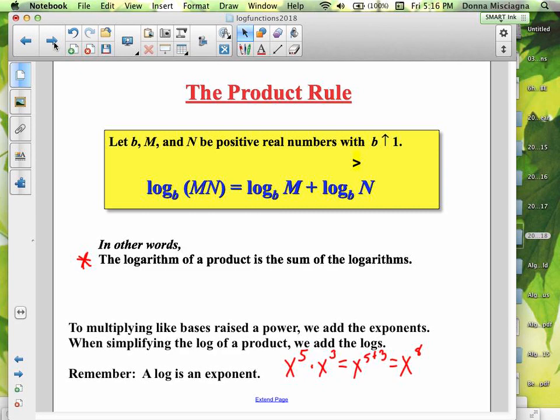When we're simplifying the log of a product, we simply add the logs, right? So the sum of logs is equal to the log of a product, or we can split a log up and take a product and split it into the sum of the individual logs. Let's see what that looks like when we have some numbers in here. And we actually saw that in that last activity.